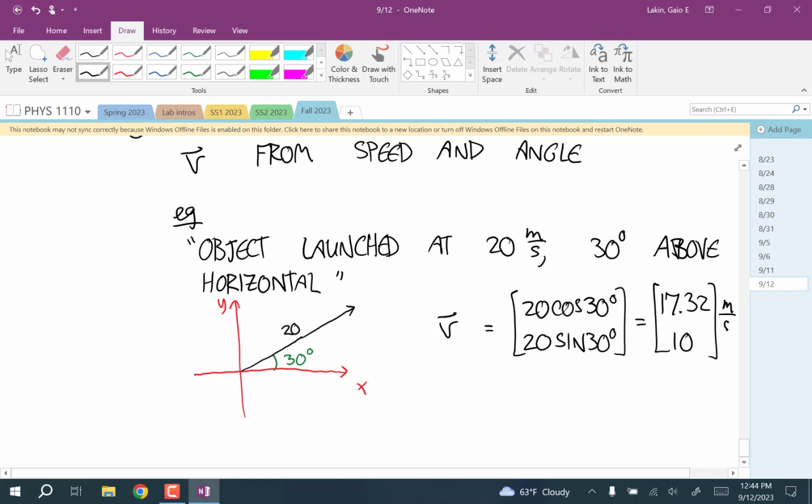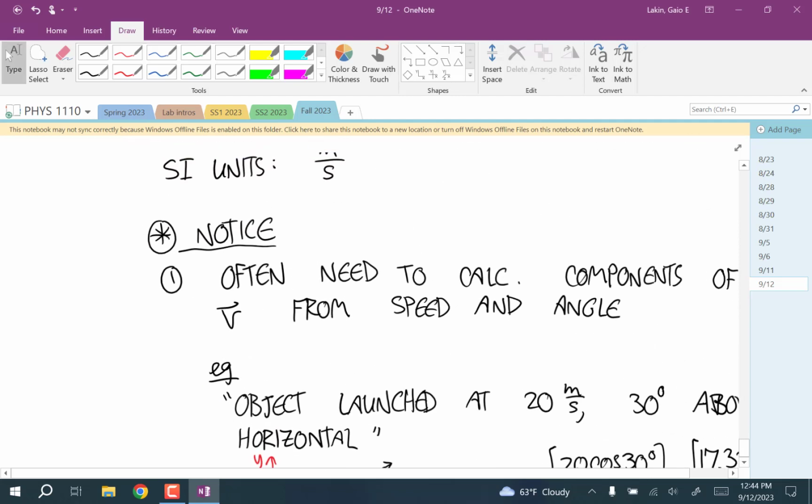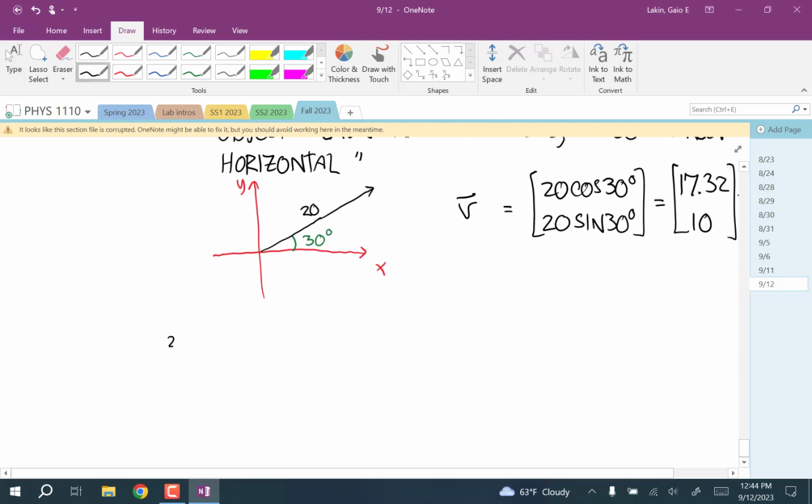And it has units of meters per second. Okay, so that's the first of these things to keep in mind.